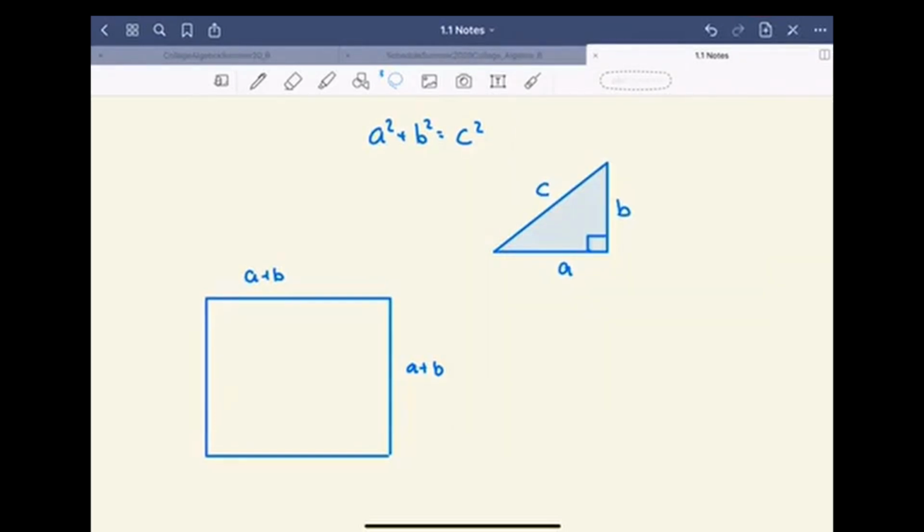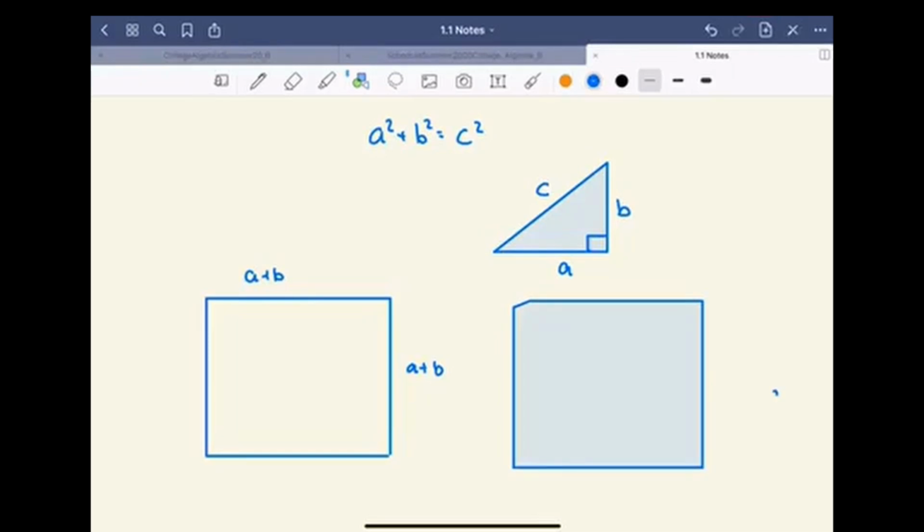Never mind, we'll just do another one. Bad square, but oh well. Also going to have sides A plus B.